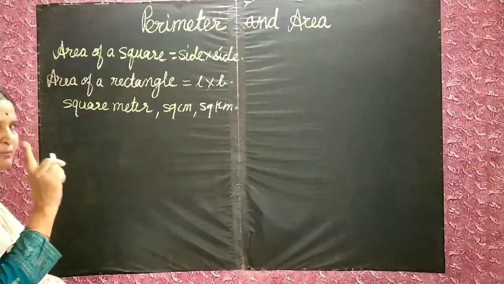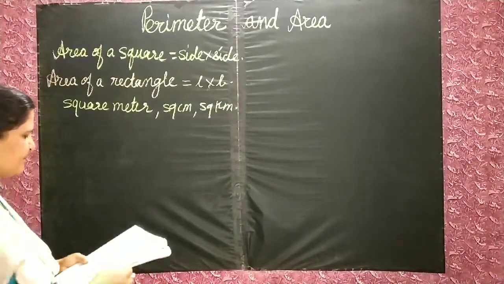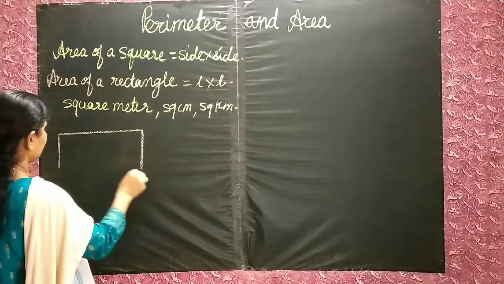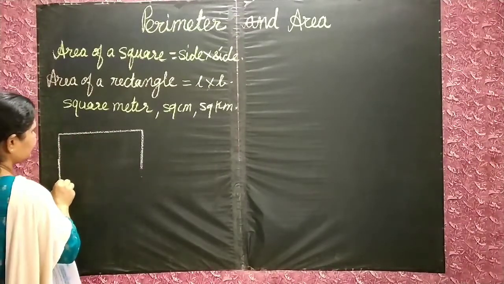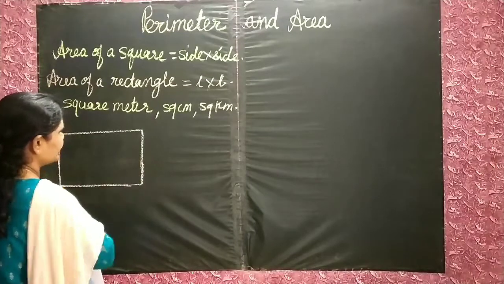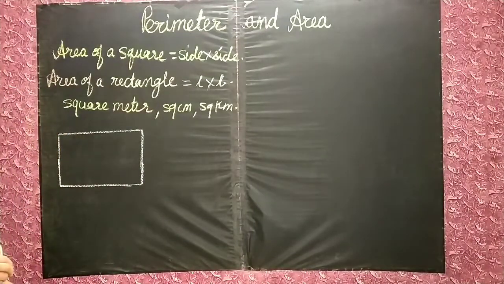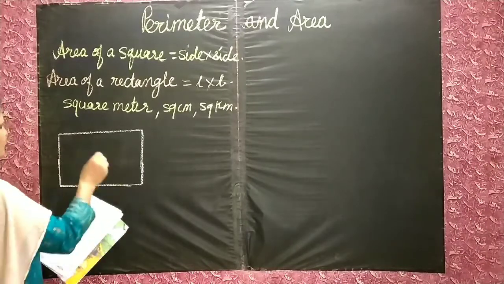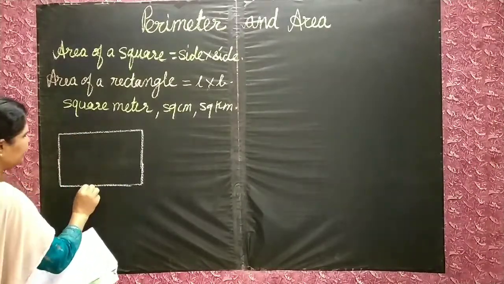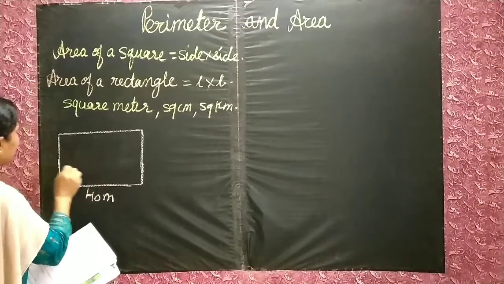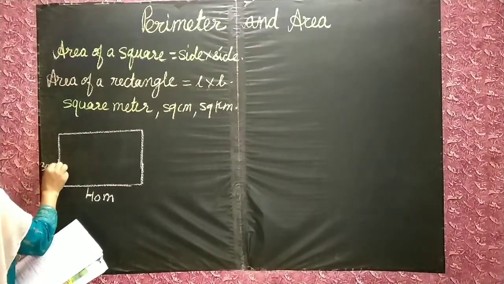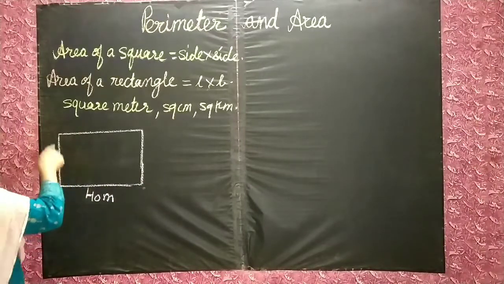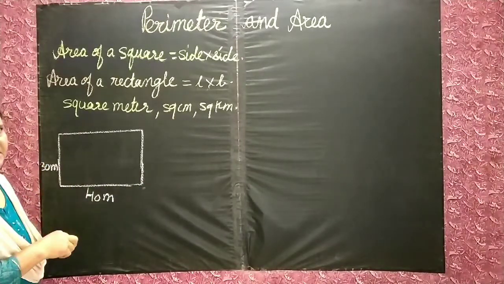First we'll draw a figure so that we'll understand it better. Now one garden is there, a rectangular garden. This length is 40 meter and this width, meaning wideness, is 30 meter.